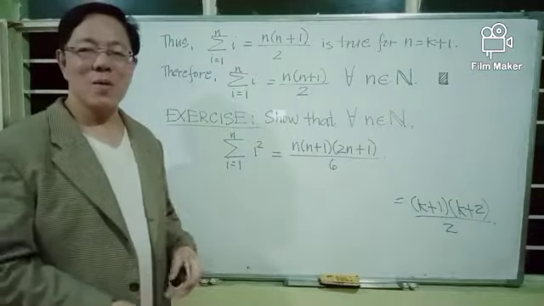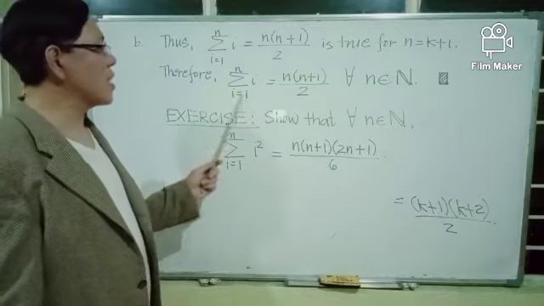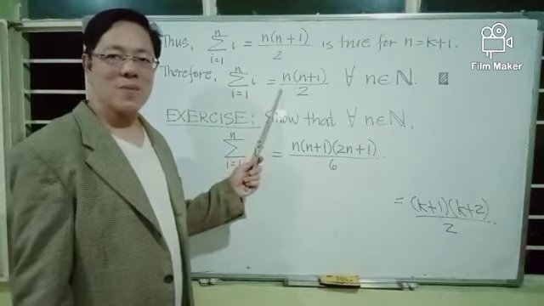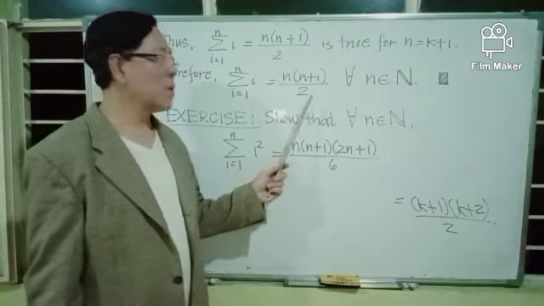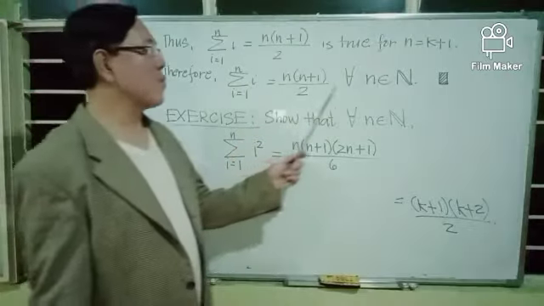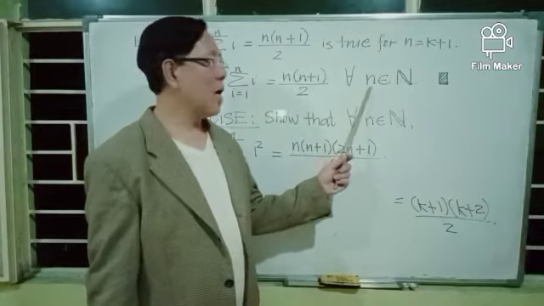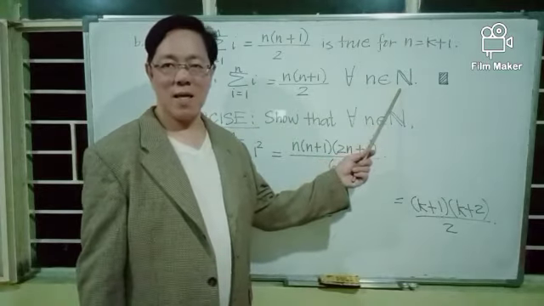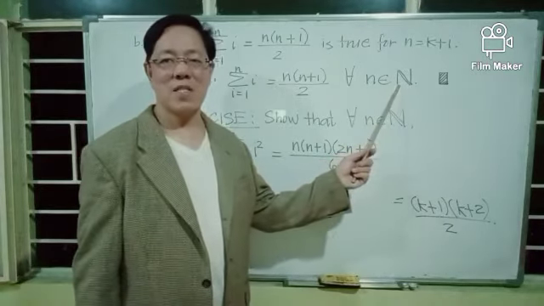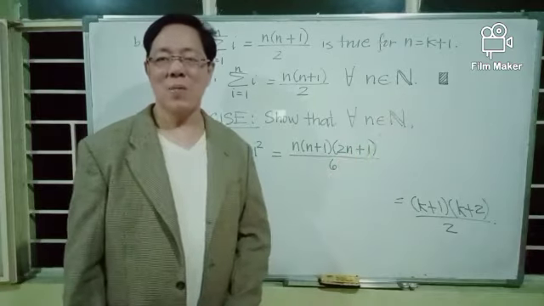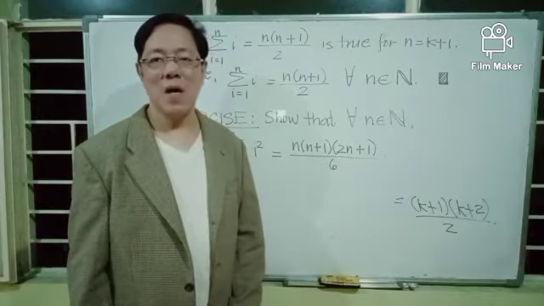Again, in general, we conclude that the summation of i for i is 1 to n equals n times quantity n plus 1 all over 2. And this statement is true for every natural number or positive integer, element of the set N of natural numbers or positive integers.